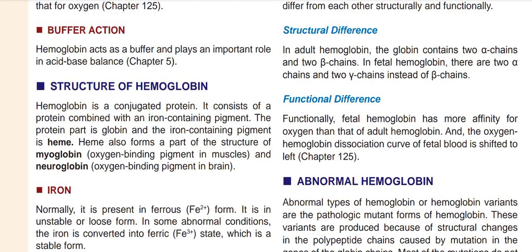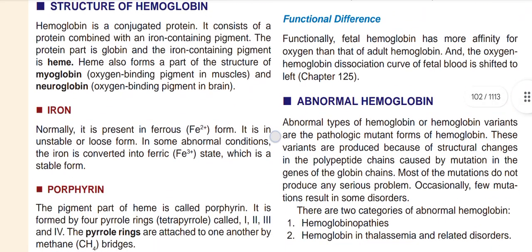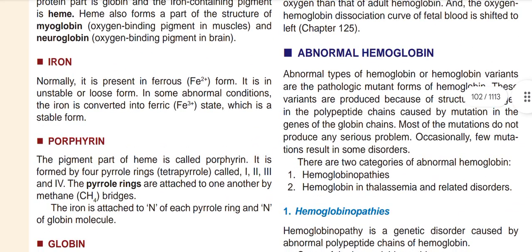Heme also forms a part of the structure of myoglobin, the oxygen binding pigment in muscle, and neuroglobin, the oxygen binding pigment in brain. Then iron. Normally it is present in ferrous or Fe2+ form, which is unstable or loose form, and in some abnormal conditions the iron is converted into ferric or Fe3+ state, which is a stable form.